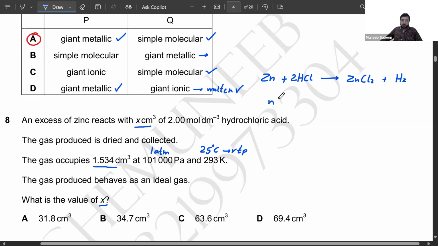So the number of moles of hydrogen gas we can calculate is 1.534 divided by the molar volume of the gas, which should be taken at RTP, 24 dm cube, in the denominator. If you calculate this value, the answer will be 0.06391.